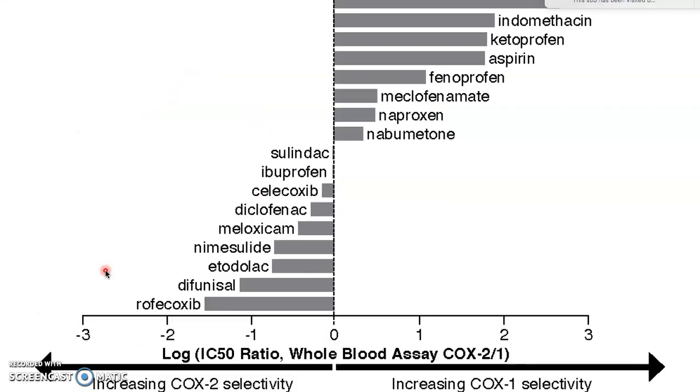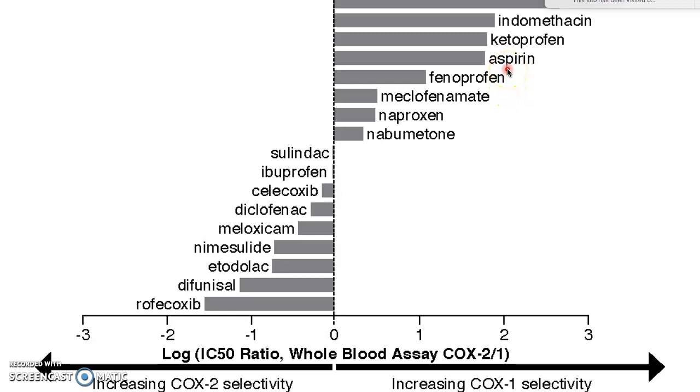So here's different medications and where they fall on this spectrum of COX-1 to COX-2. All these on the right lean towards more COX-1 selectivity. So for example, aspirin.